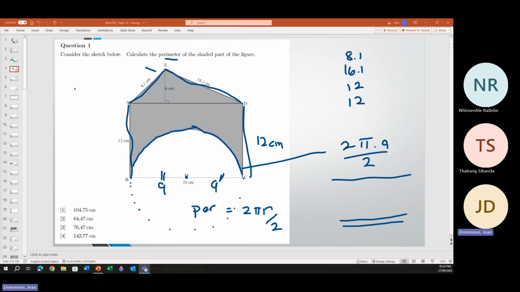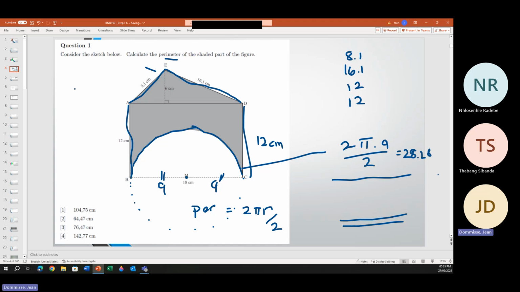For pi it is normally, else it is 22 divided by 7, times 9 divided by 2. So if we work out this component, that would be 28.28.